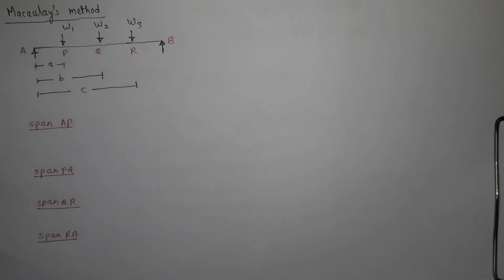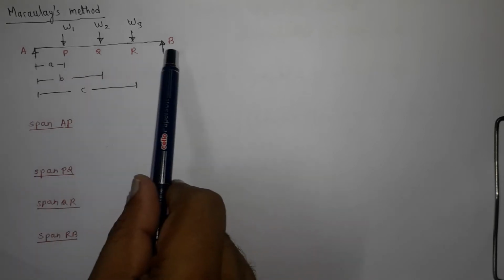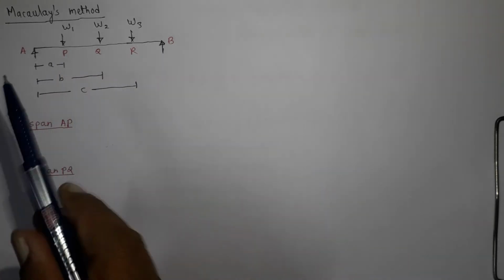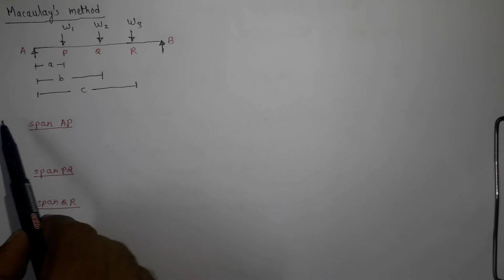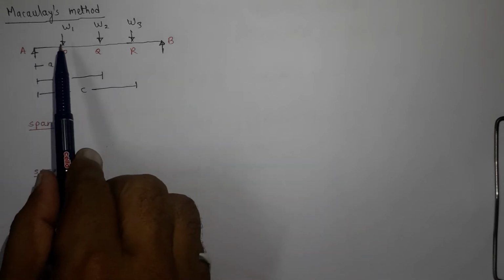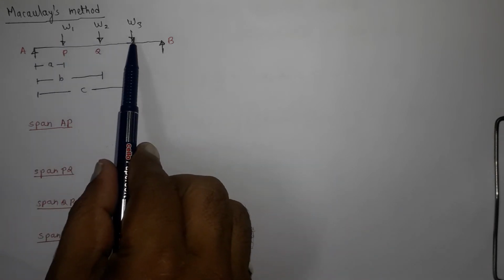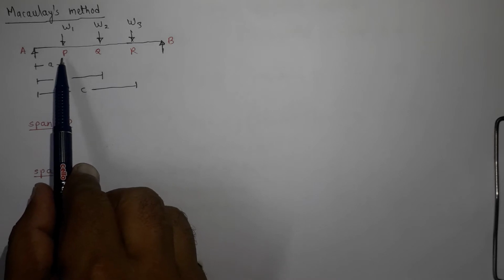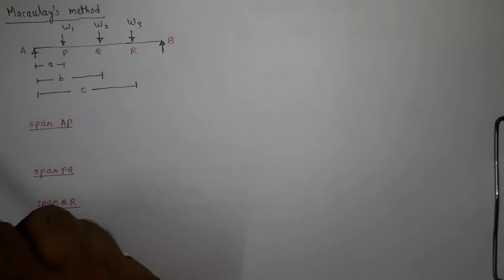In order to explain Macaulay's method, I have considered a simply supported beam AB. Let the span of this beam AB be L, and let it be carrying 3 point loads W1, W2 and W3 at points P, Q and R as shown.